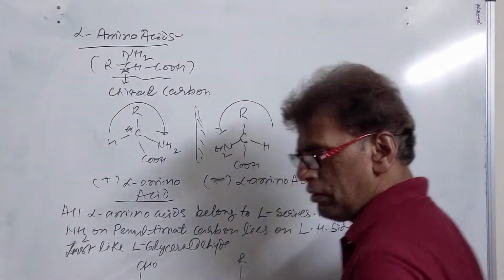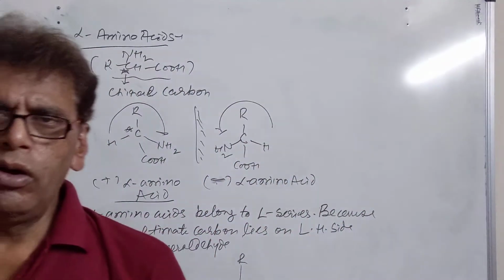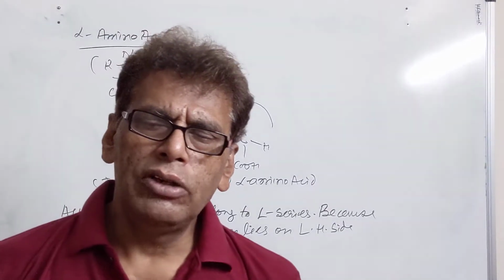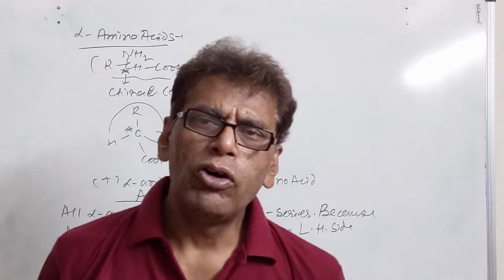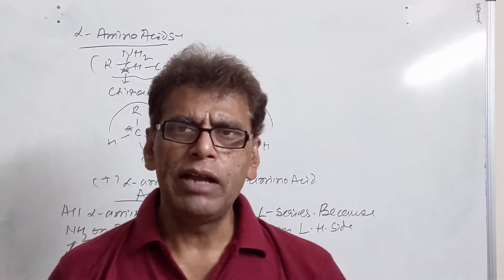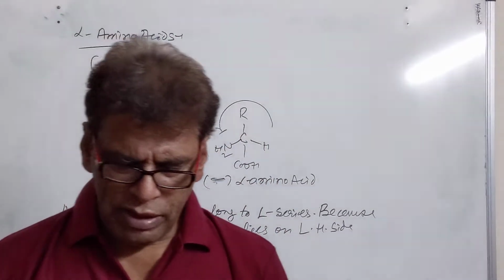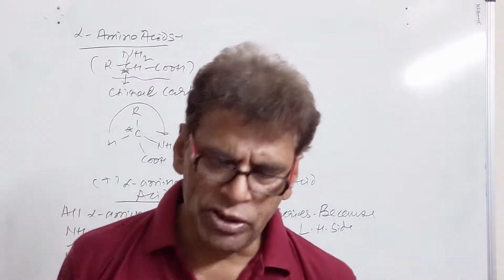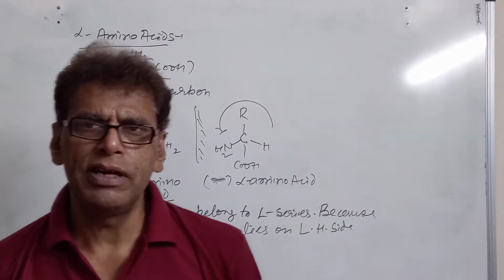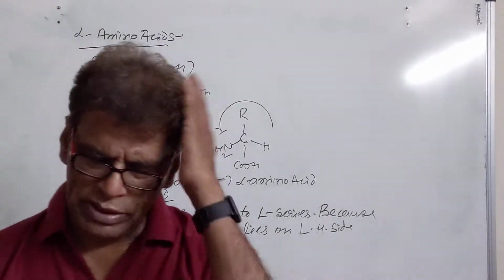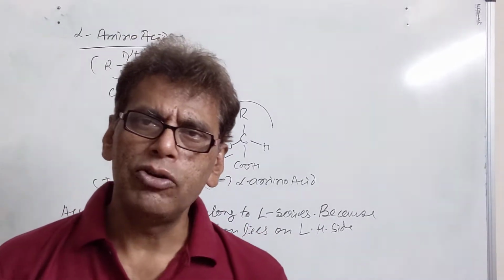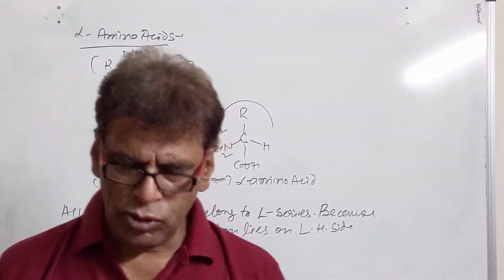This is L-glyceraldehyde. Now there are a total of 26 alpha amino acids known till date, out of which 16 can be synthesized by our body. That's why those 16 are called non-essential alpha amino acids. While 10 alpha amino acids cannot be synthesized by the body, we are totally dependent upon external sources.